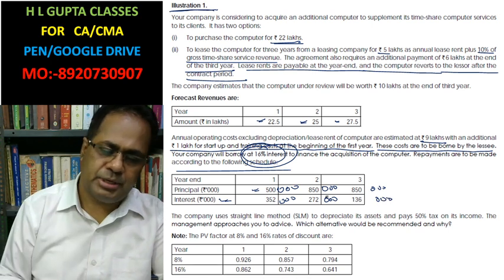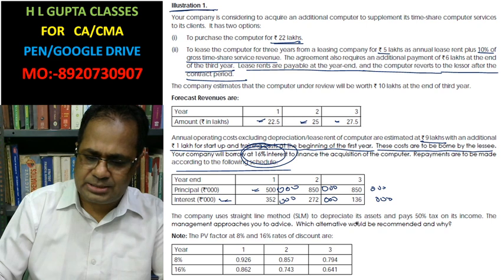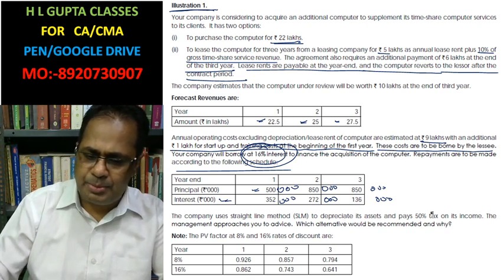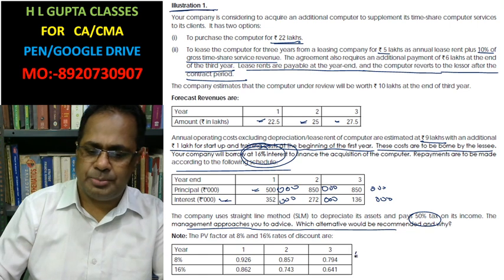The information is given in the working note. The company uses the straight line method of depreciation on assets and pays a 50% tax rate on its income. Management asks you to advise which one is the best.